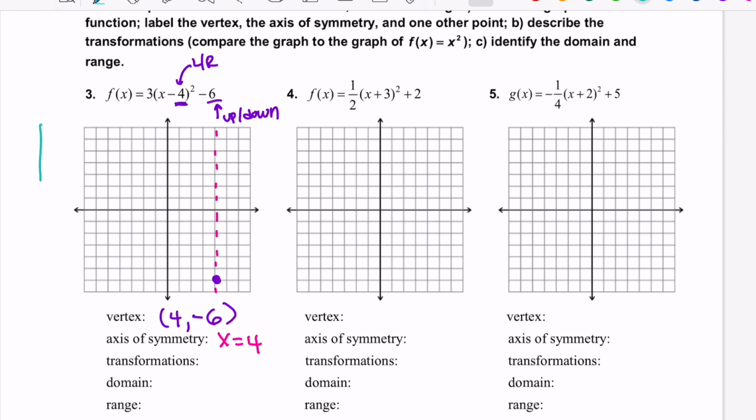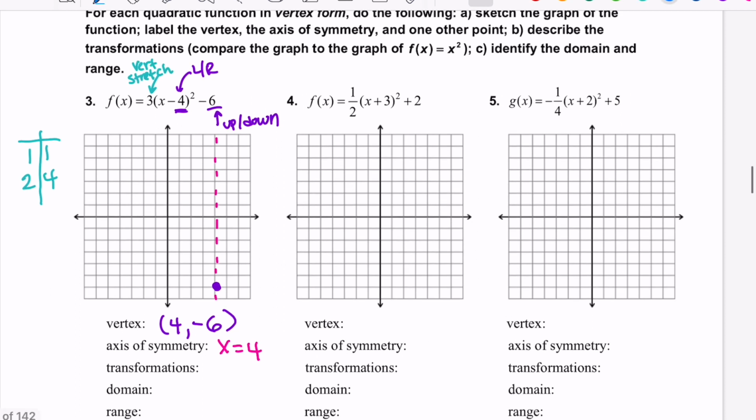Okay, now we're going to use our key points. Our key points are 1, 1, 2, 4, but we have a 3 in the front. So this is our vertical stretch. We're going to take that 3, and vertically that has to do with the y's. Y's go up and down, so we're going to take our 3 and multiply it by our 1 here and our 4 here to get 12.